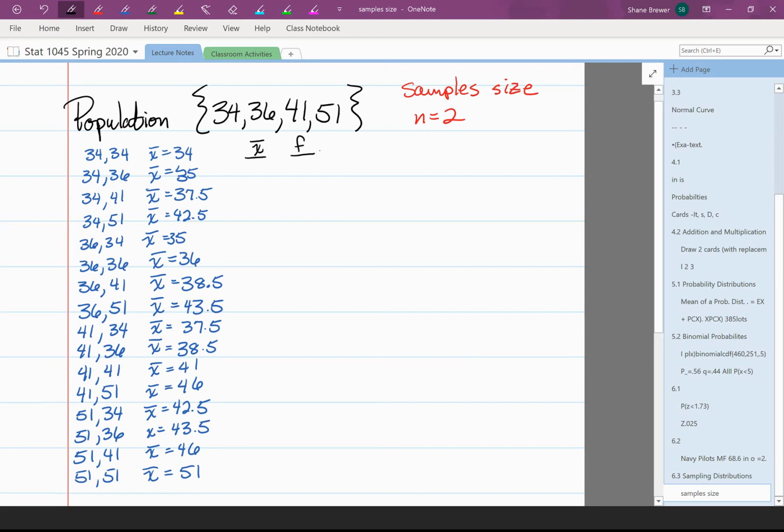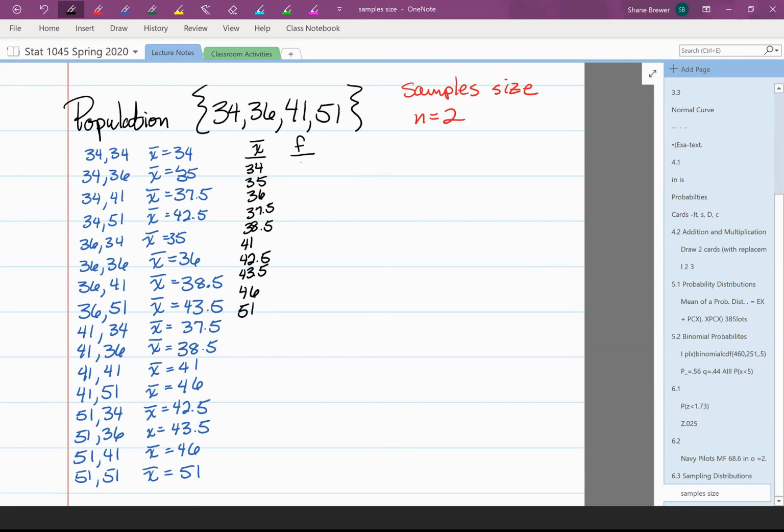So we could have, let's see, we got 34, 35, 36, 37.5, 38.5, 41, 42.5, 43.5, 46, and 51. Now, we could have missed something there, but we'll see how it works.